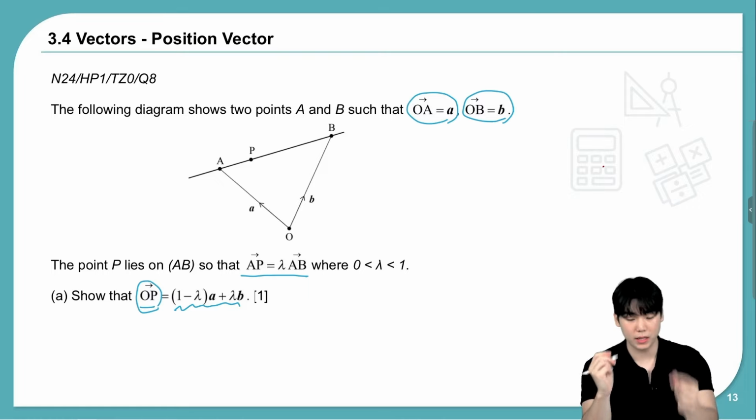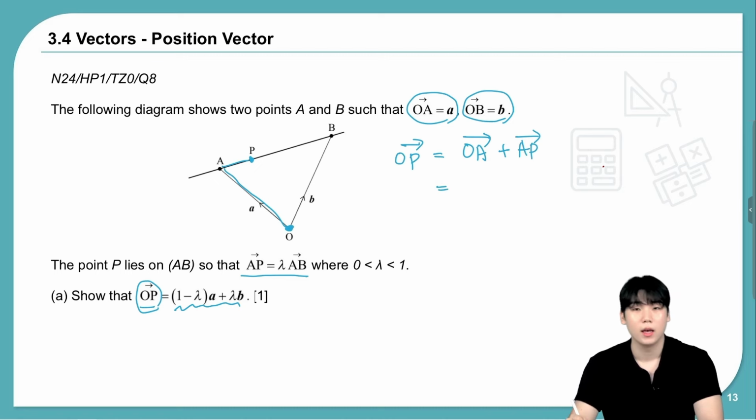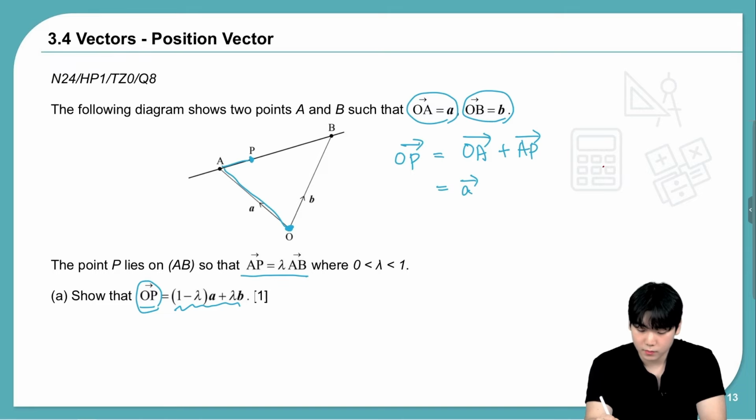That is OA, you go to OA, and then AP. So I can rewrite it like this: OP, and OA is denoted as vector A, and AP is told to be lambda AB.